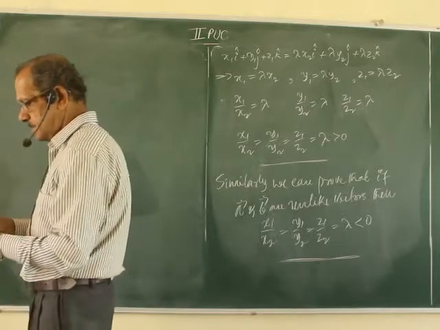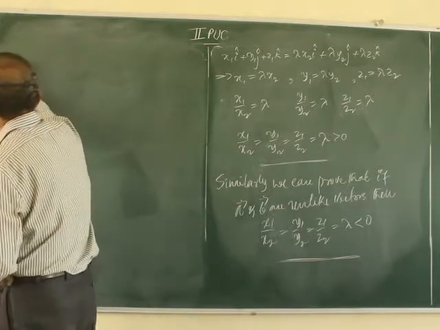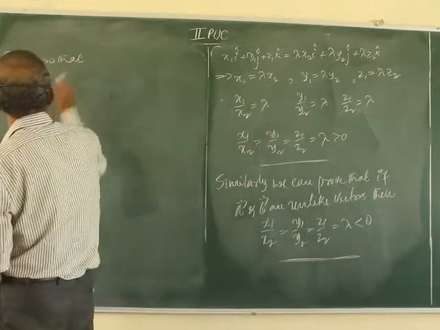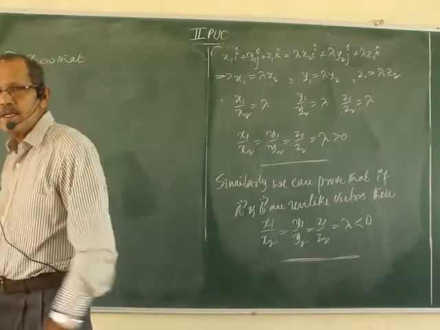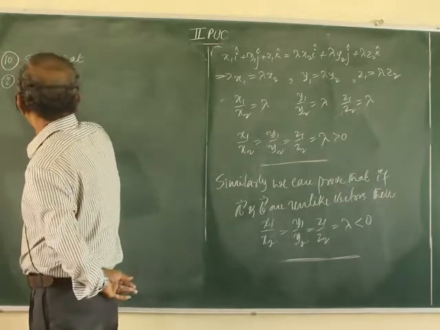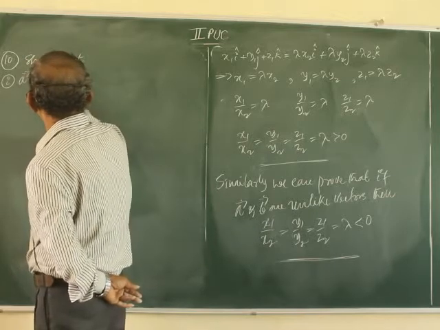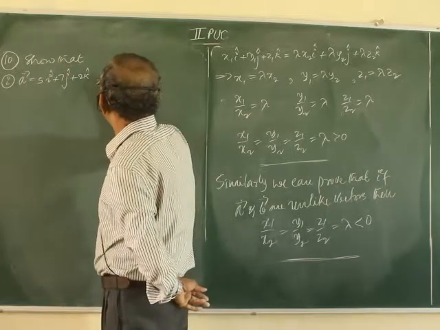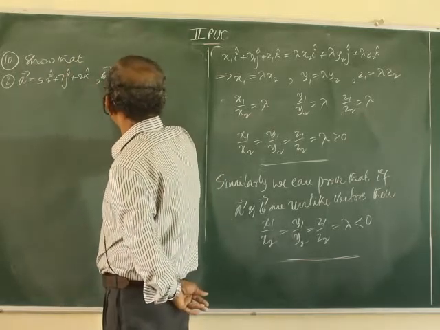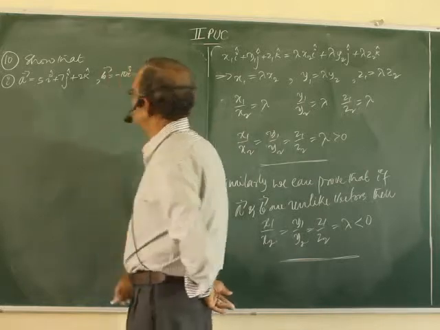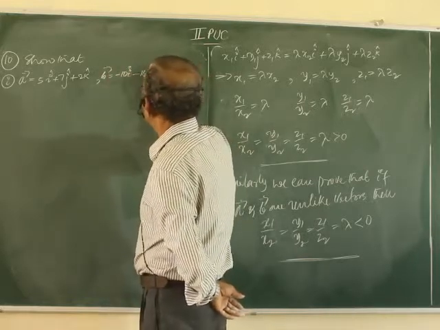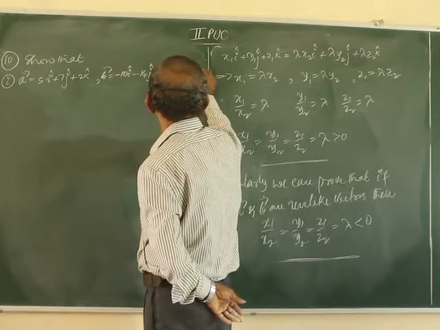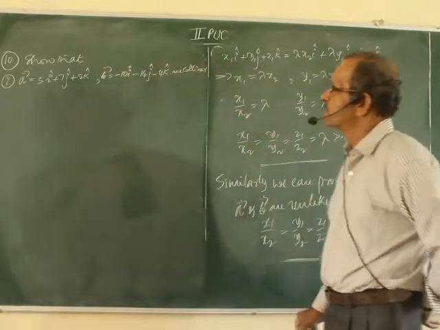Problem number 10. Show that, let me give 3 problems in the same one. A equal to 5i plus 7j plus 2k, B equal to minus 10i minus 14j minus 4k are collinear vectors.